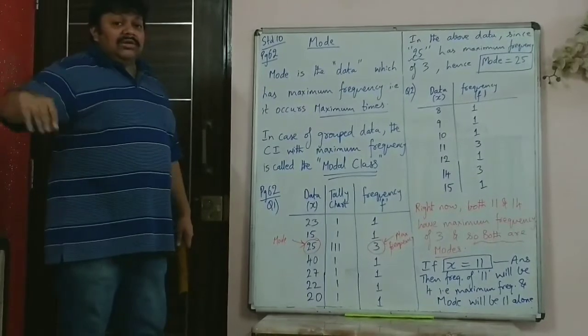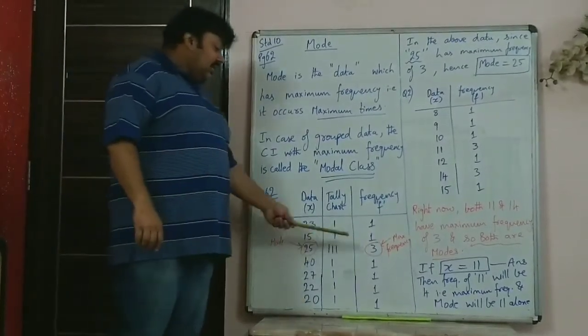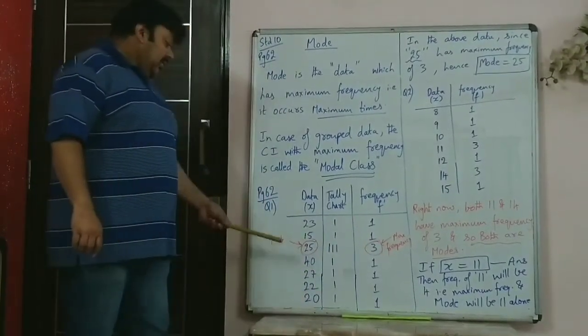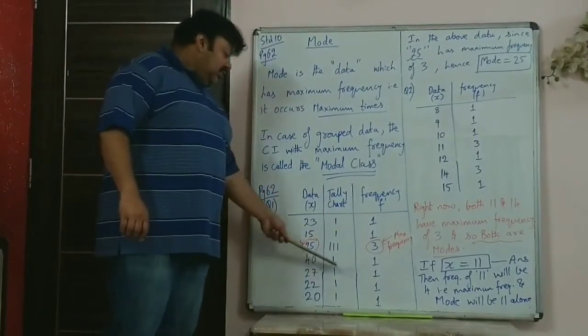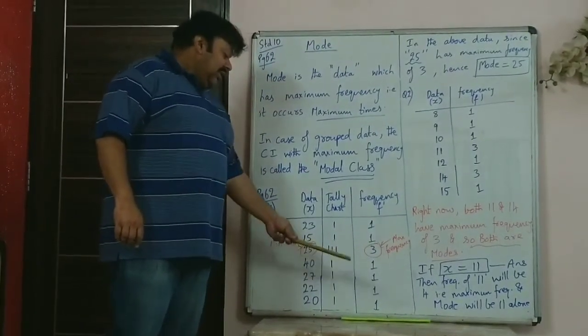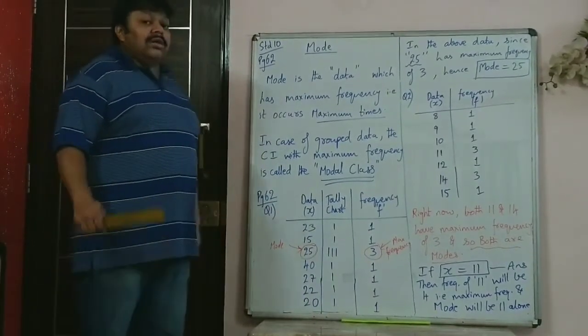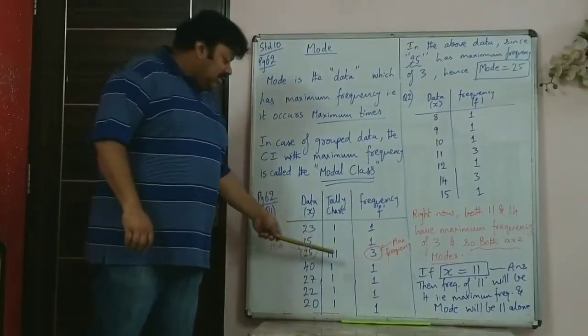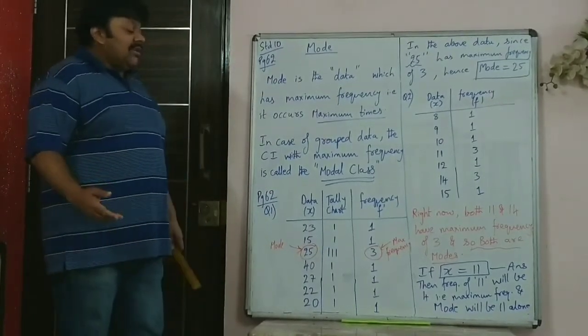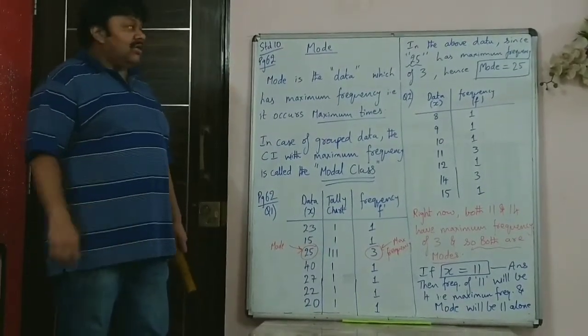Then 40 happens once, 27 once, 22 once and 20 once. So all this data is happening one time except 25, which is happening maximum number of times, that is 3.